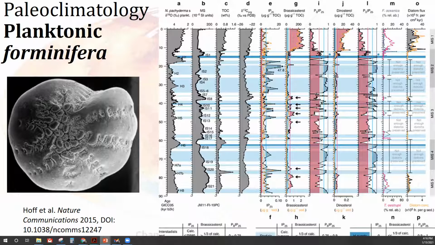And from the relative abundances of them, especially their shells, in a sediment core, you can tell something about the conditions of the ocean or the water when that particular organism lived or died.